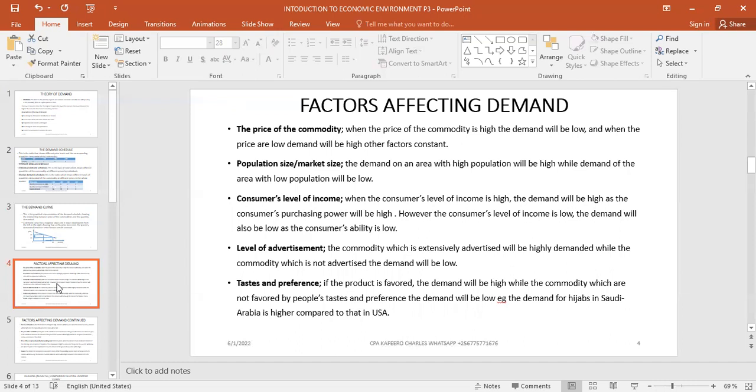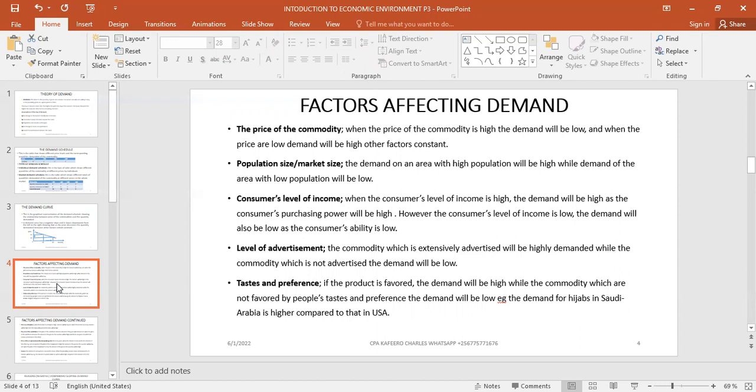That's what we've been looking at from the start of our video. And we say that when the price of the commodity is high, the demand is supposed to be lower, and when the prices are lower, the demand will be high, as we keep the other factors constant. Because for the price of the commodity to affect demand, these other factors are supposed to be constant, stationary, not changing.